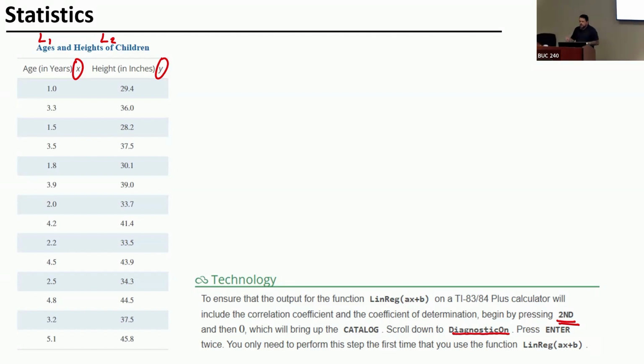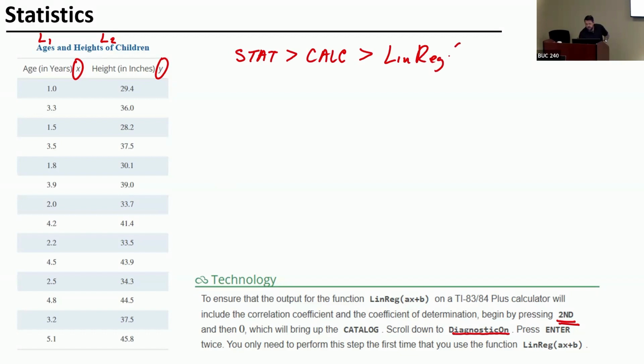Okay. So now, to calculate all this data that you just put into your list functions, you're going to need to hit STAT once again. But now we're going to scroll over and hit CALC. Then scroll down and look for the title that says linear regression. Be real careful because you probably are seeing two.